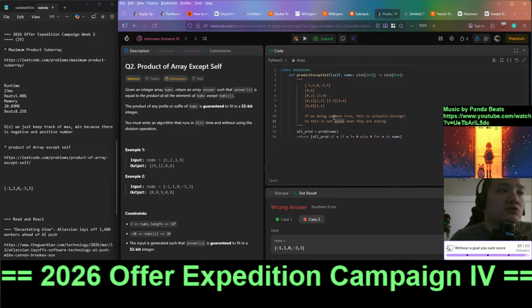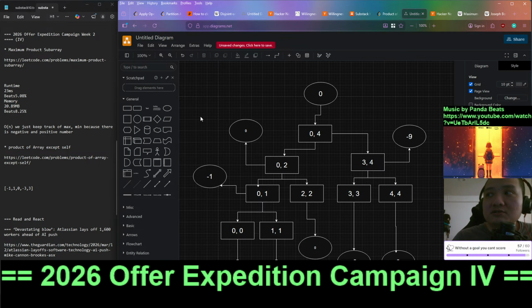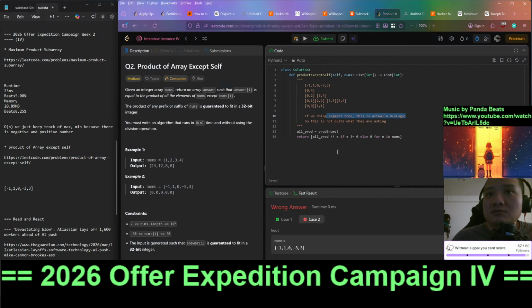So our original approach is actually O(n log n) if we do this segment tree approach here, but they want us to use O(n). Right, so let's see, how can we do O(n)?